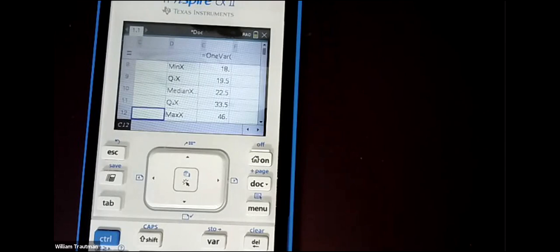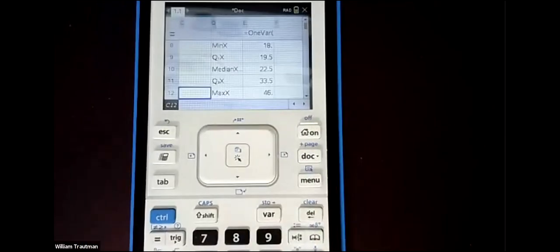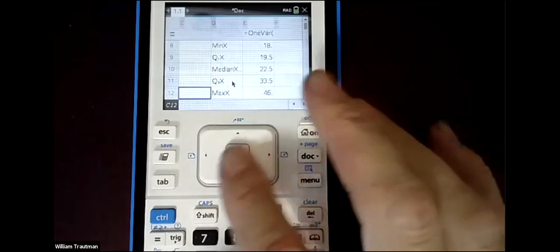Then we go to a new page, control page. Oh, I'm clicking on my computer. I need to click on the calculator.